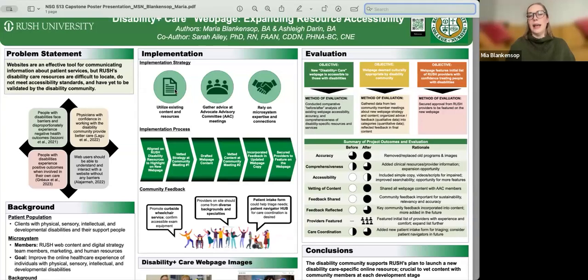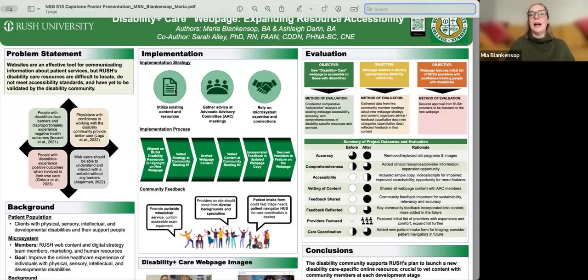Both my partner and I have backgrounds in our former careers in marketing and the corporate space, so at least we had that toolkit on our side. But we don't make web pages. We're in nursing school. So we really relied on them to make a beautiful, comprehensive, usable web page for our population. We also worked with human resources, and our goal, well, we'll get to that.